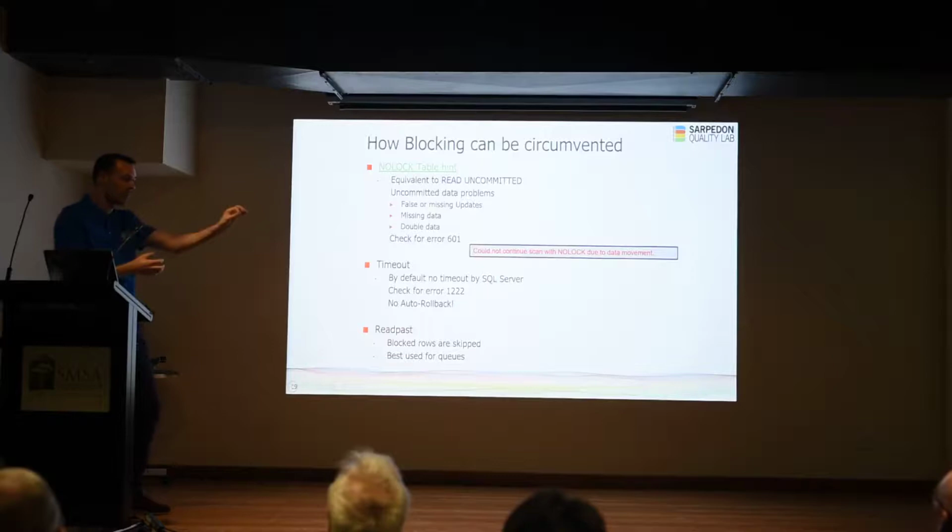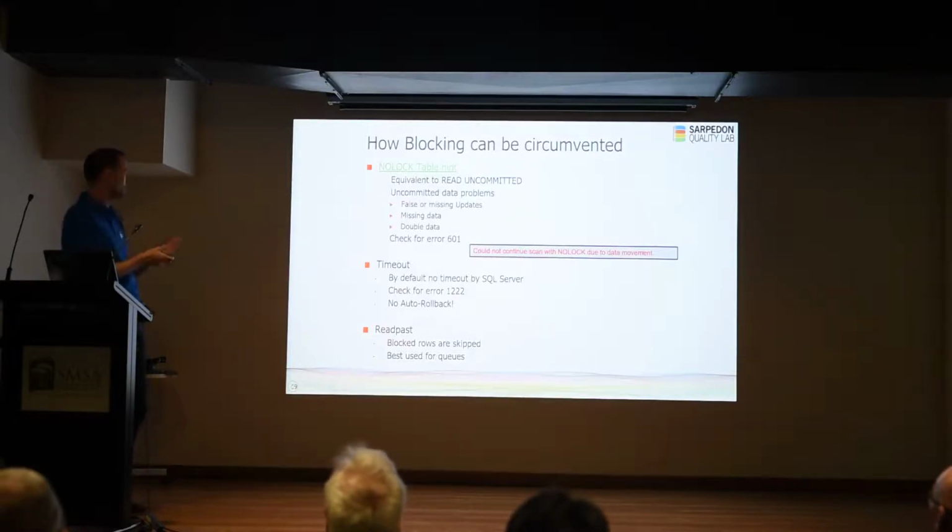Maybe it was this one 100,000 sale that you suddenly read 10 times. Now you have 900,000 more than you clearly have sold. That could happen if you read double data. Or missing data, where you're missing this important big sale and not enough money is reported.